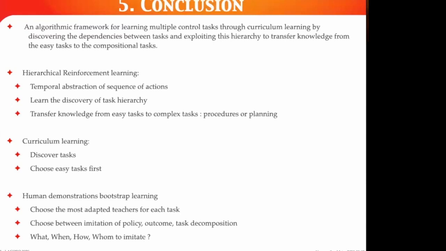It can also choose as a whole what, when, how, and whom to imitate. So it can spot who is the best teacher for such task, and also for that task and that teacher, is it better to ask them to give demonstrations of policies, movements, actions, or of task or outcomes, or of task decomposition or procedures.